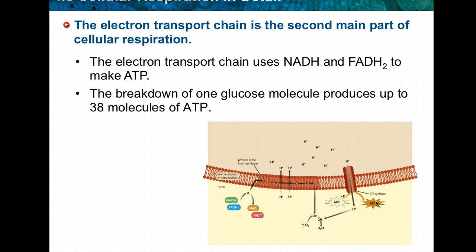The beauty of this system is the way in which it couples the movement of high energy electrons with the production of ATP. So here's our high energy electrons and our ATP. Every time a pair of high energy electrons moves down the electron transport chain, the energy is used to move hydrogen ions across the membrane.